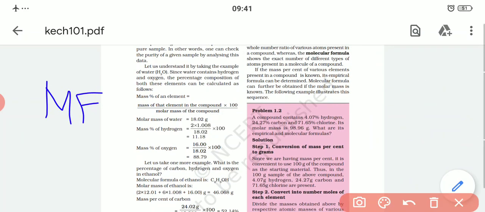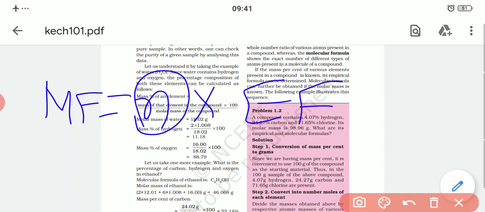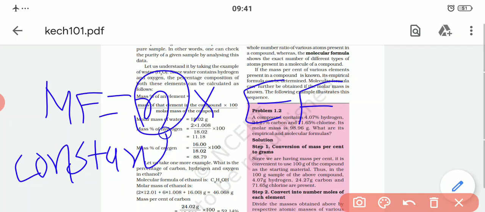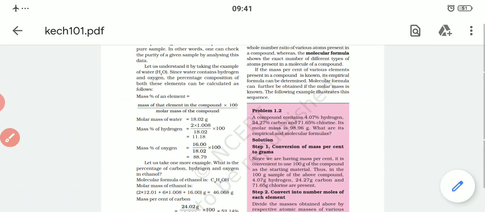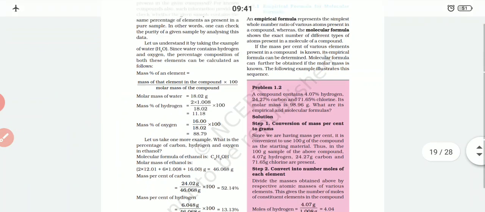So what is n? n is a constant that we derive for each equation. Let's discuss the problem first.